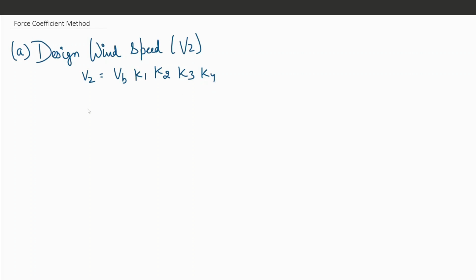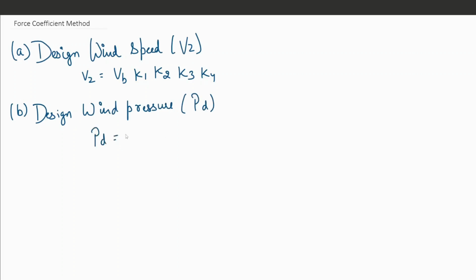The second step is to calculate the design wind pressure. That is Pd. So Pd is equal to Pz into Kd into Ka into Kc, where Pz is equal to 0.6 into Vz square.